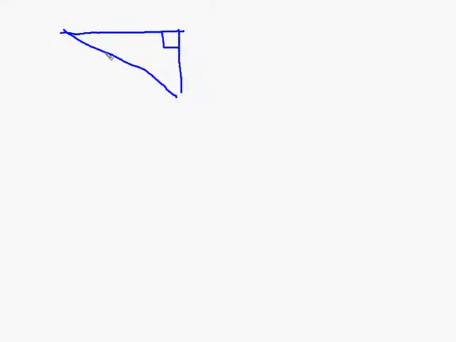All right, so let's say this is x. Let's say this is 3 root 2. And let's say this is root 5. Okay, so the x is the hypotenuse, which means these other things are the legs.